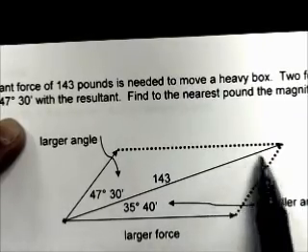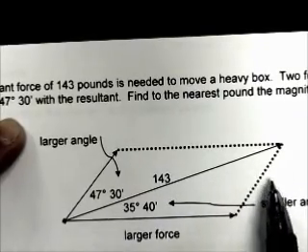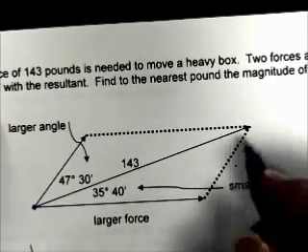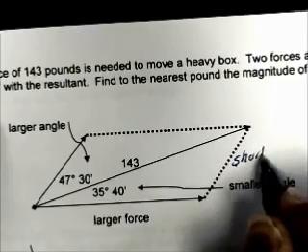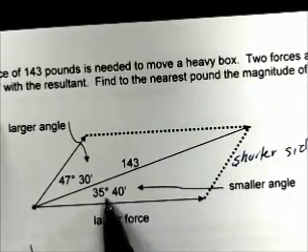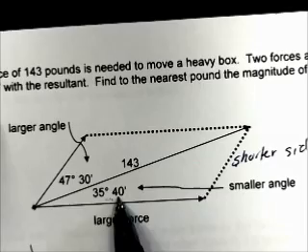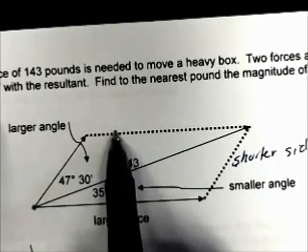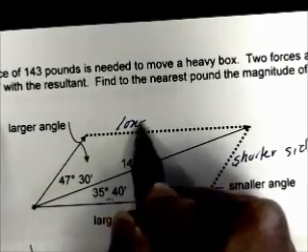If I take half the parallelogram and look at this triangle, this is the shorter side, so the smaller angle has to be opposite the shorter side. So the 35 degrees 40 minutes would be placed here. And then this is the longer side.